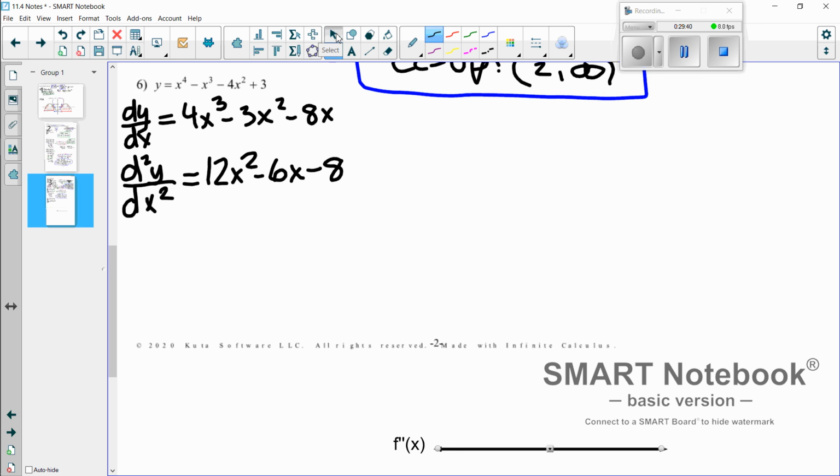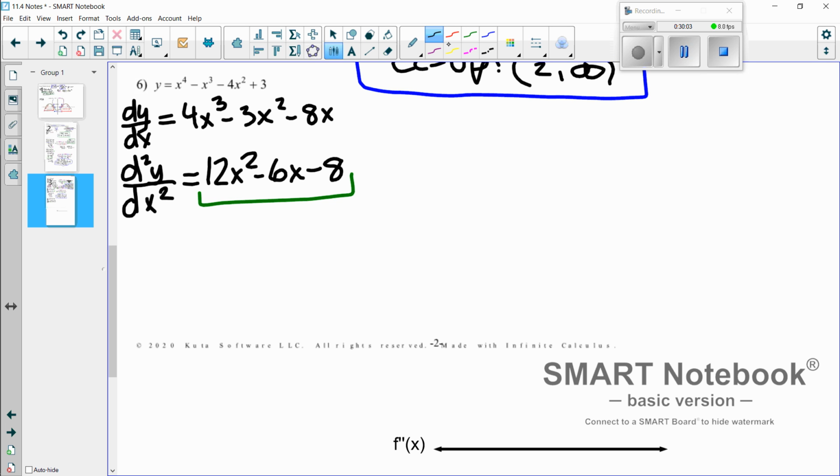But what you may be thinking, if you already tried it, is how am I supposed to get x here? How am I supposed to get my inflection point when this second derivative is not factorable? Oh boy, not factorable. So what that means is we're going to have to use something else, and that something else is the quadratic formula.